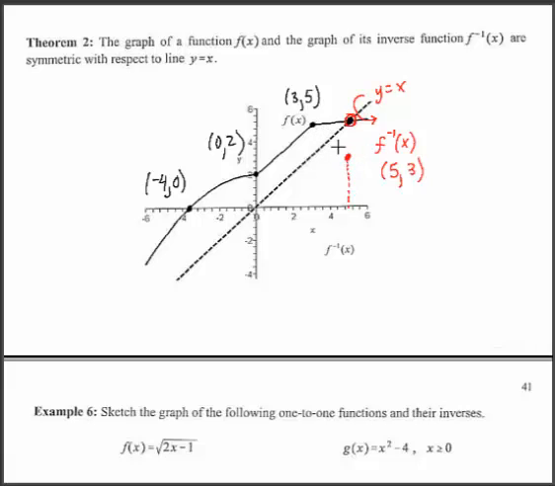And so if I pass a line perpendicular through y equals x, okay, then what you should see is that this distance is equal to this distance. These 2 points, 3, 5 and 5, 3, are offset from y equals x perpendicularly from each other by equal amounts.